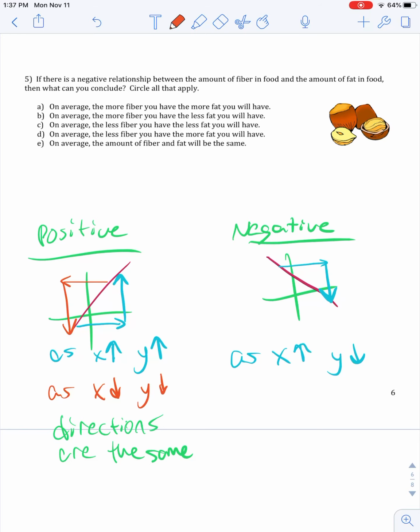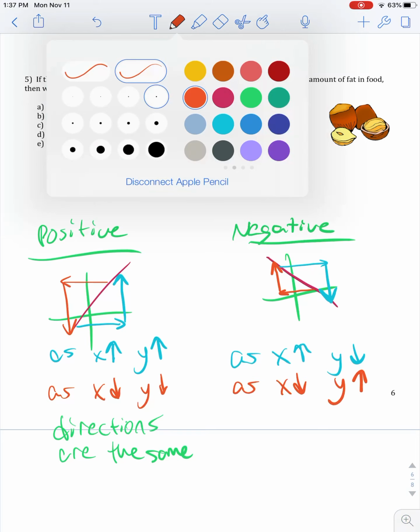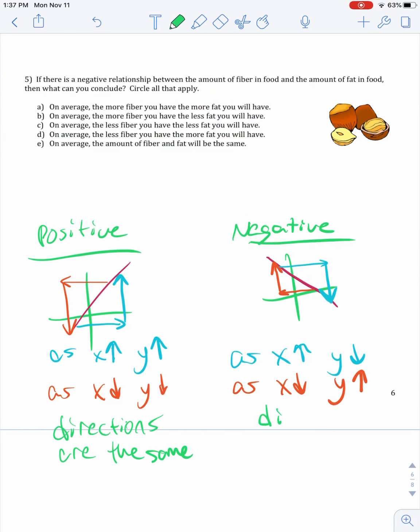On the flip side, as x goes down to the left, y goes up. So what you'll notice for this is the directions are opposite.